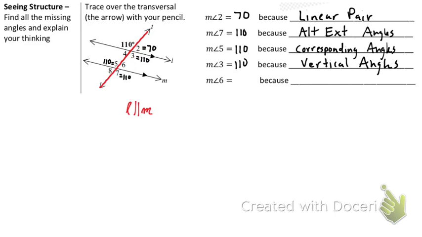So that means angle 6 plus angle 3 should equal 180, and we know angle 3 is 110. So 110 plus angle 6 should equal 180, which means angle 6 must be 70.